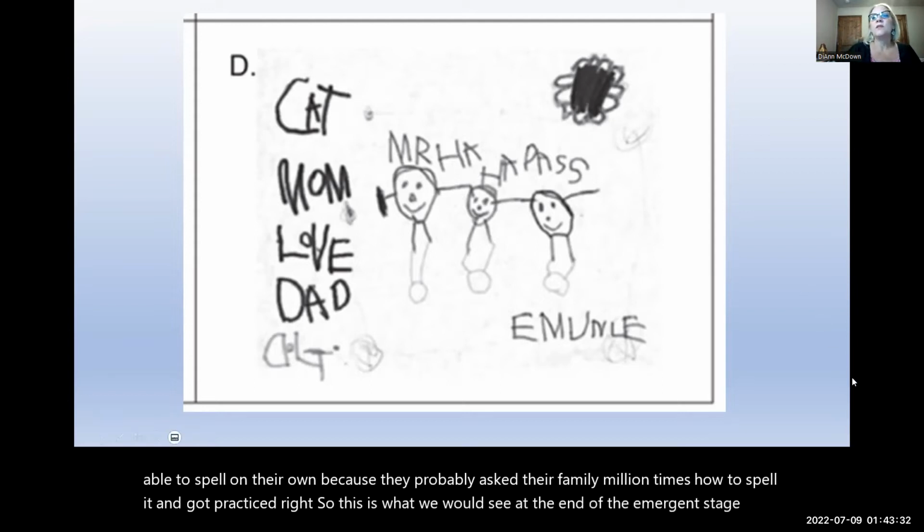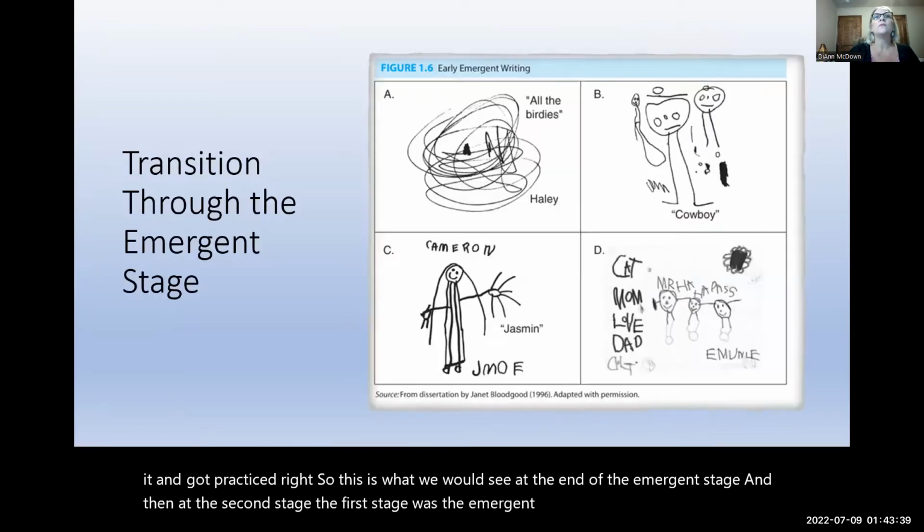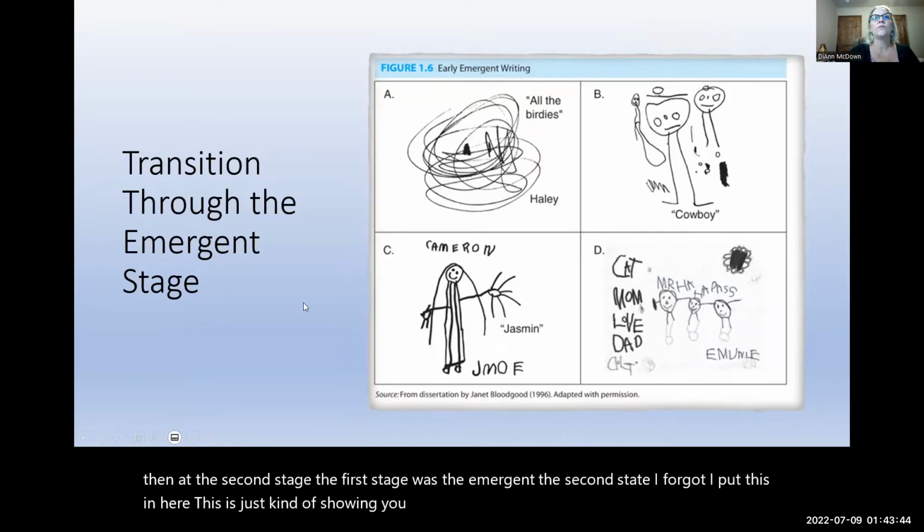And then the second stage, so the first stage was the emergent. Well, I forgot I put this in here. This is just showing you the transition through these four parts of the stage.